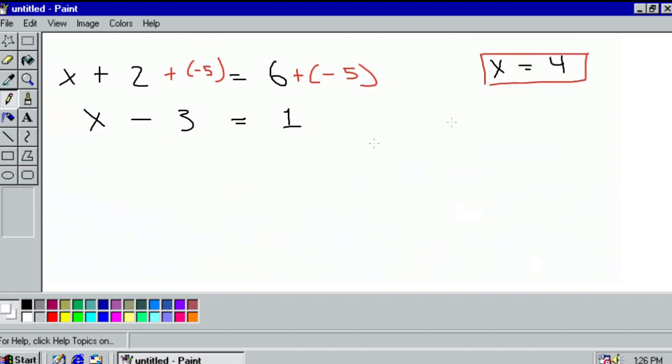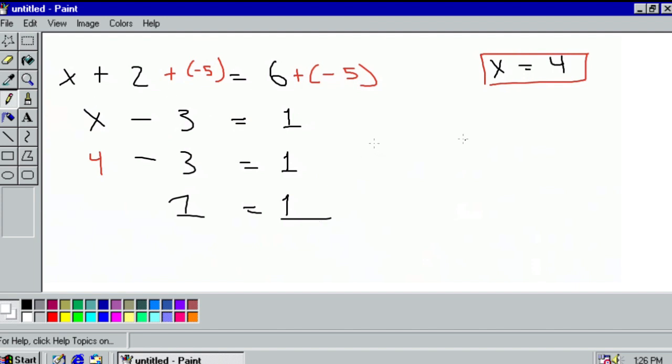Now we can change x to 4, which is this one. 4 minus 3 will become 1. So we didn't change the value of the equation all this time. Equations that have the same solution sets are called equivalent equations.